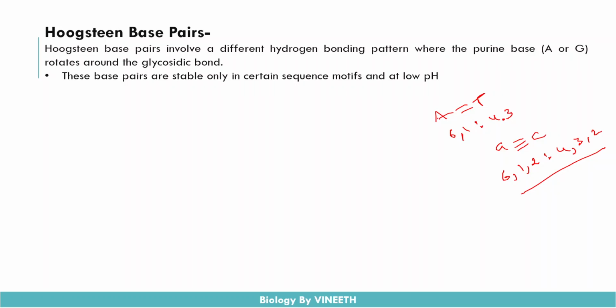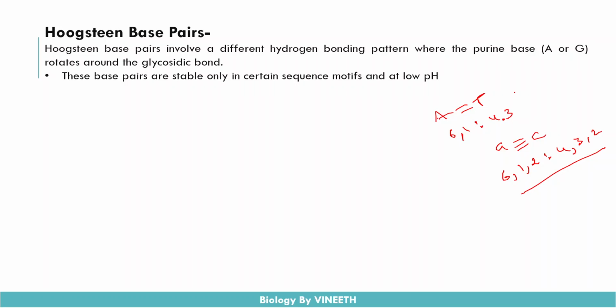But what Hoogsteen base pairing tells is there are certain conditions inside the nucleus, like low pH conditions, or when different regions of the DNA, like guanine rich regions, want to base pair with other strands.